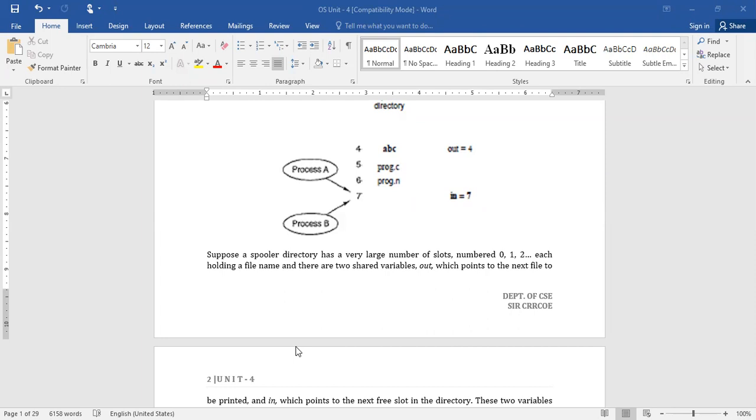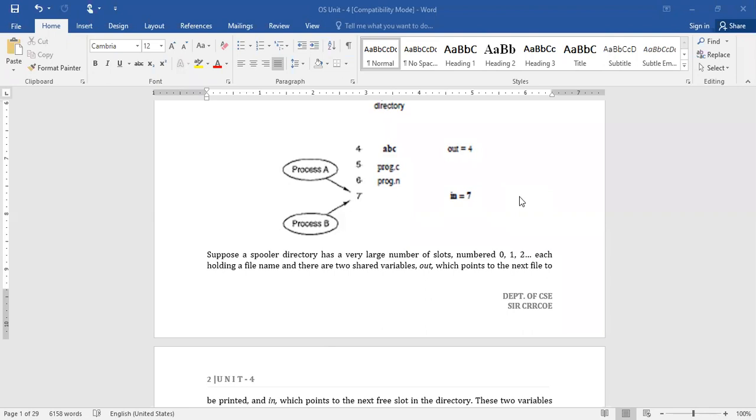During that time, process A wants to print a file. For that purpose, it will check the available free location in the variable in. The value of in right now is 7. So 7 will be accessed by process A, and it is prepared to send the file into the 7th location of the spooler directory.